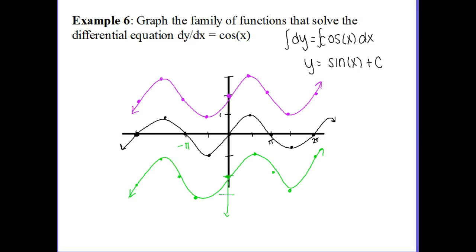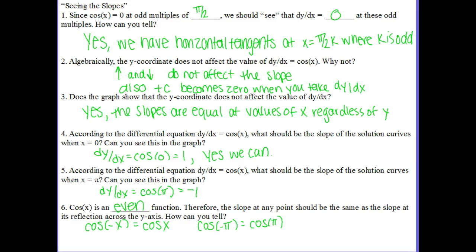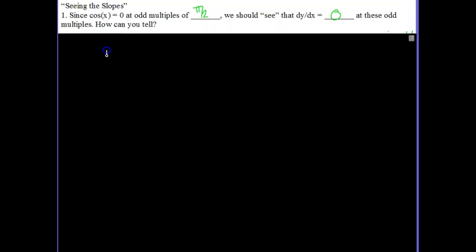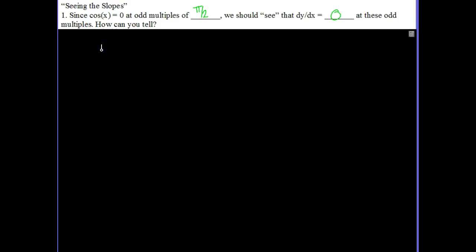An antiderivative becomes a family of functions if that antiderivative is indefinite. So if it's an indefinite antiderivative, then it becomes this family of functions where we could find C, but in general don't know it.